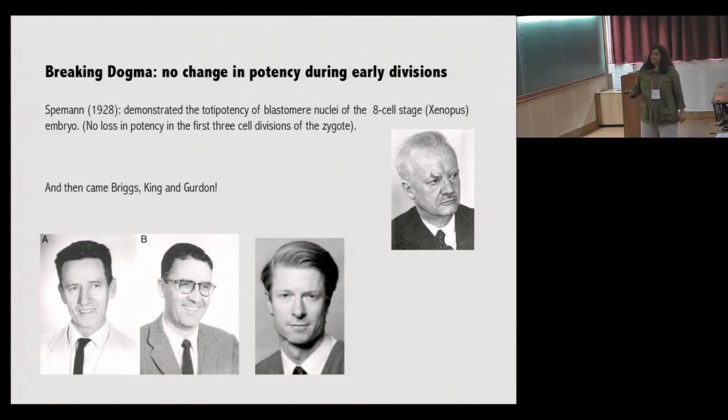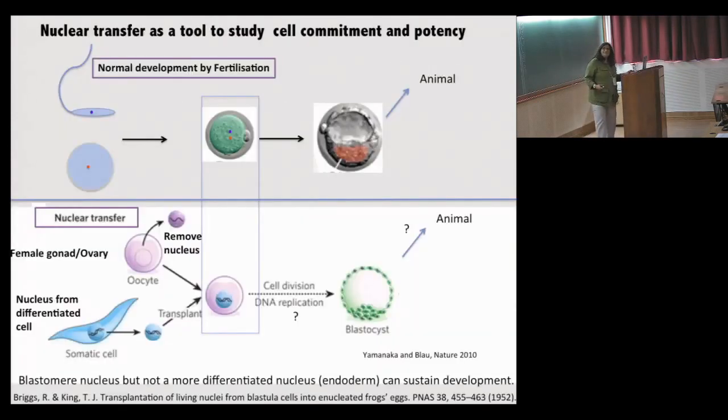But it took 3 other people to show that that wasn't exactly true, and that this potential to give rise to every cell in the embryo could also be found in later divisions.